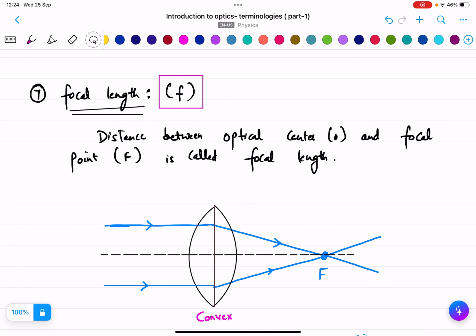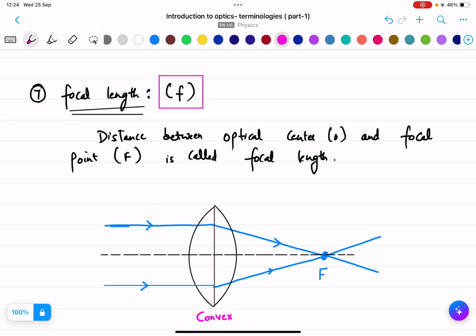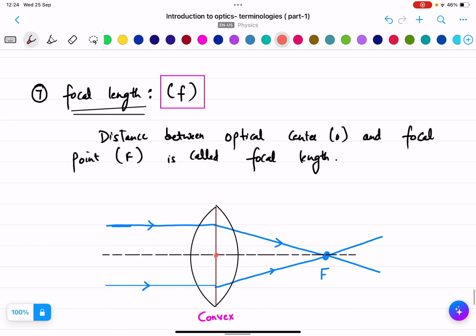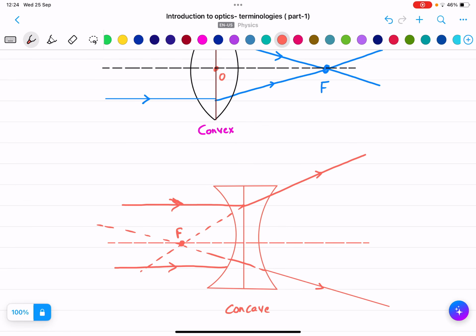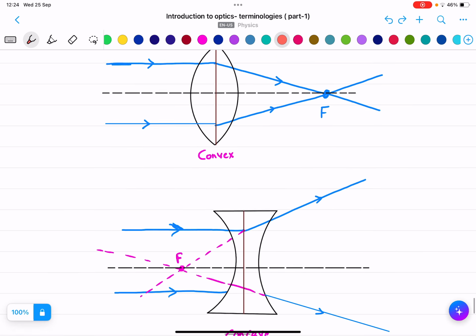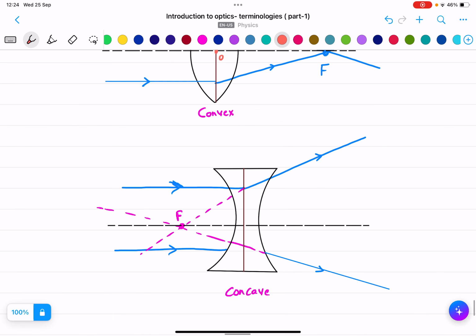Now what is the focal length? See, distance between optical center and focal point is called focal length. Can you mark it on the figure? Which one is optical center? This one is optical center, right? You all know this one is optical center, and on this picture this one is optical center.